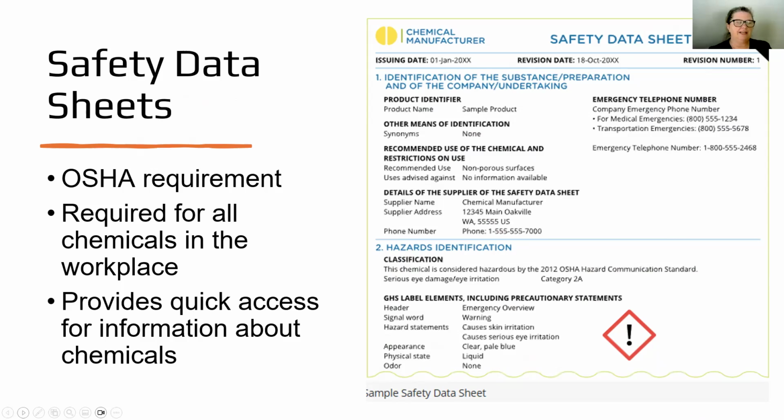And by chemicals, I mean anything that is chemical, right down to your hand sanitizer. You have to have a safety data sheet. They used to call them material safety data sheets, so you'll still see some people call them MSDSs. They dropped the M not too long ago, and now it's just SDS. Either way, it's the same thing.